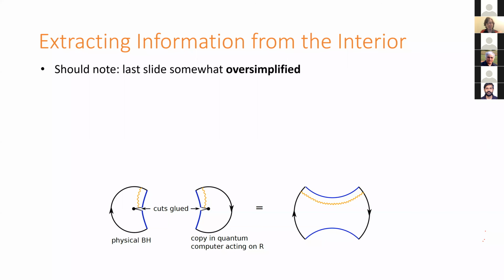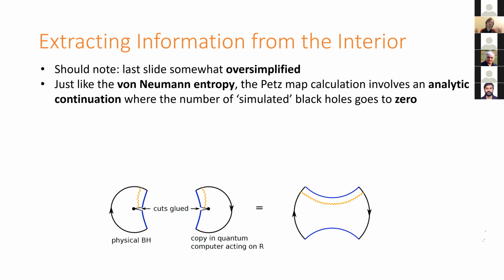I should say that even that story, crazy though it sounds, and I'm sorry I'm not going to have time to go into this story properly and give the maths, because the maths is the most compelling part of it. Without that, it just sounds totally crazy. The story I gave on the last slide was oversimplified. In fact, just like when you're calculating the von Neumann entropy, when you're really calculating this Petz map, you have to do an analytic continuation.